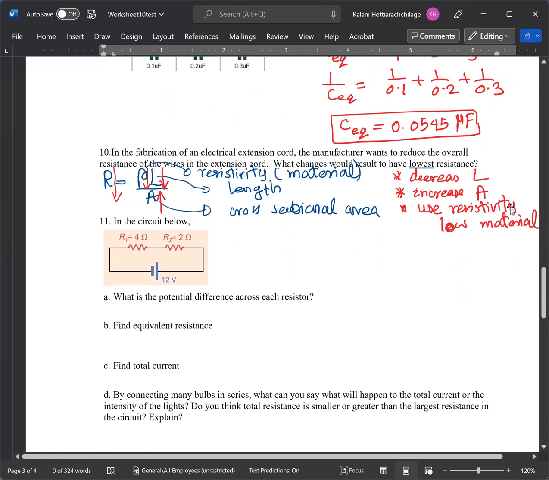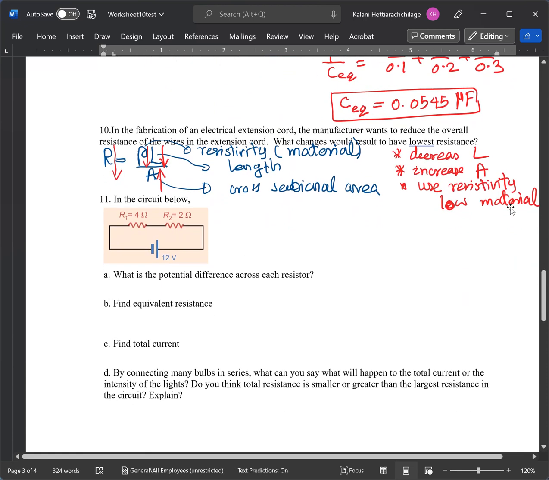Okay, so now we're going to move into very simple circuits. Number 11. So I have a very simple circuit, resistances 4 ohms and 2 ohms are connected. Definitely you should know that these two are connected in series when you come to here. And then what is the potential difference across each resistor?